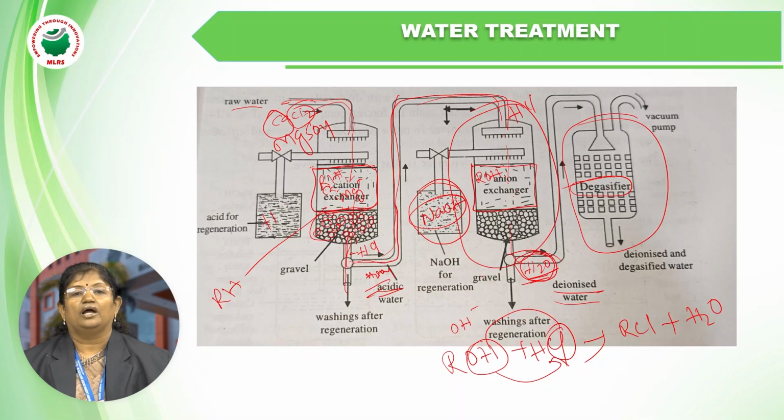The water coming out of this anion exchanger is soft water, demineralized, having no minerals in it. This deionized water has a high affinity towards atmospheric gases such as CO2 or oxygen, and it will react with them. If it reacts with the CO2 or the oxygen from the atmosphere, it will cause corrosion.